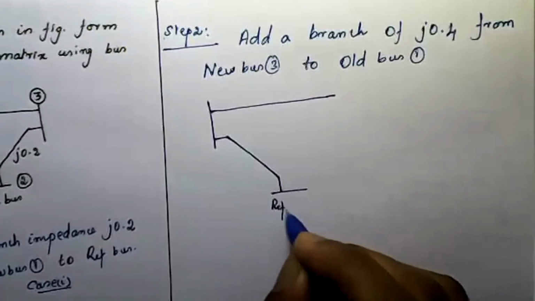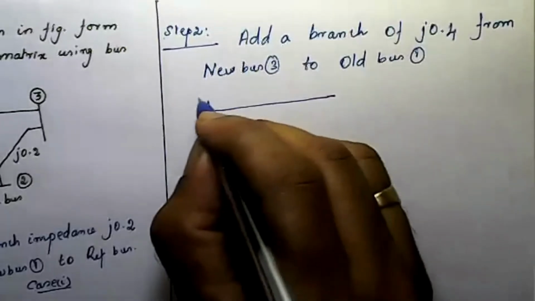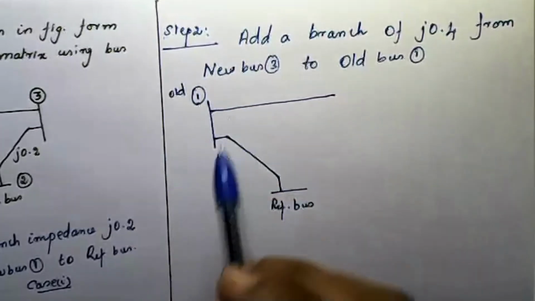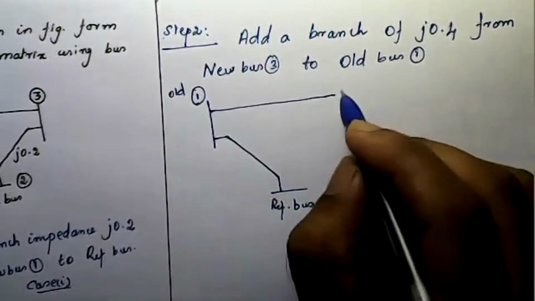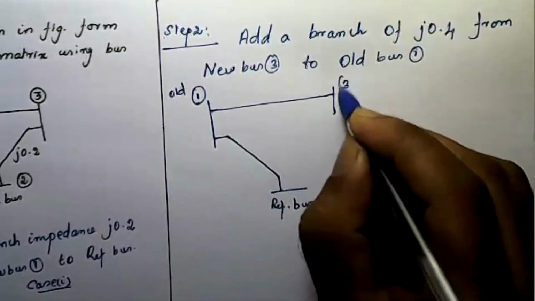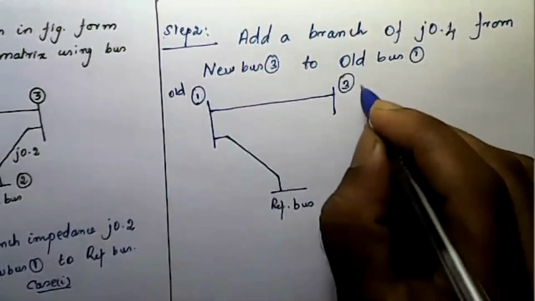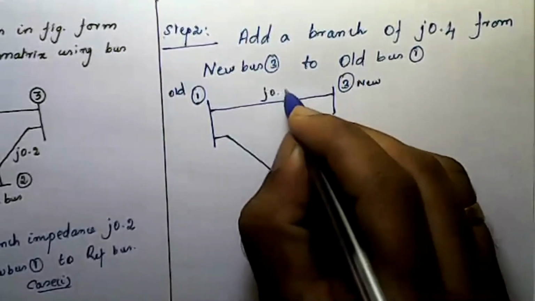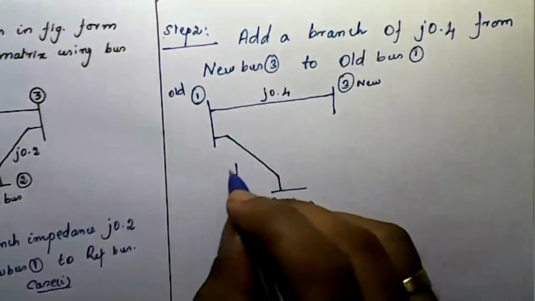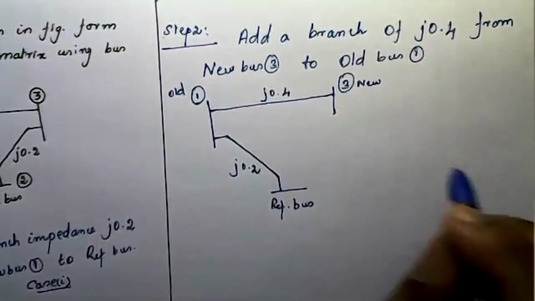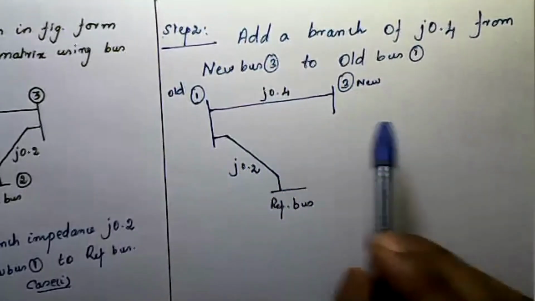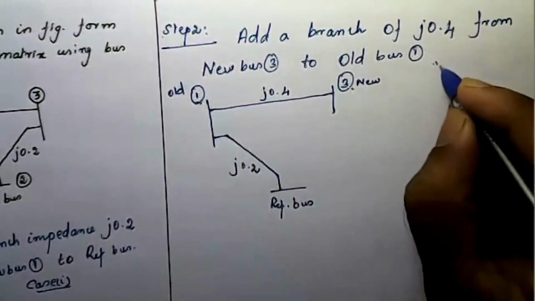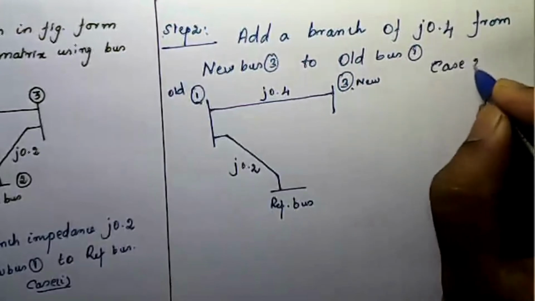So reference bus, bus number 1. This is an old bus, because this bus 1 already exists from the previous step. Bus number 3 is the new bus. The branch impedance between these buses is J0.4. The branch between an old bus and a new bus comes under case number 2.